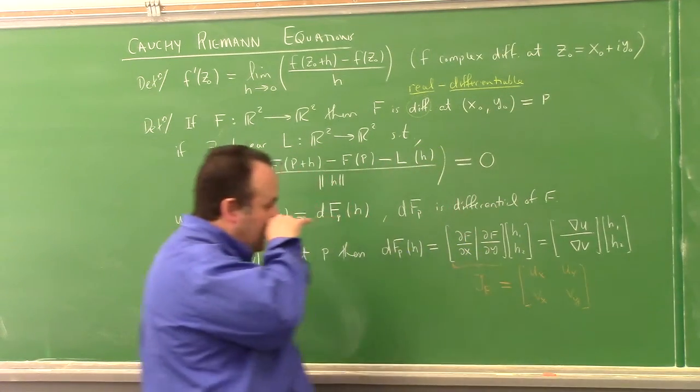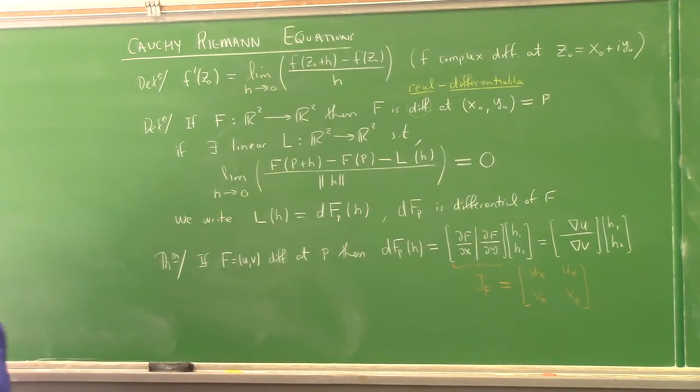That's the Jacobian matrix of a 2 by 2 mapping. So one theorem that we know from advanced calculus is that if it's real differentiable, then the formula for the differential is given by a matrix of partial derivatives. Very, very simple to calculate.